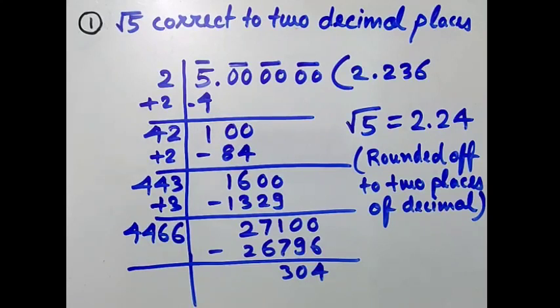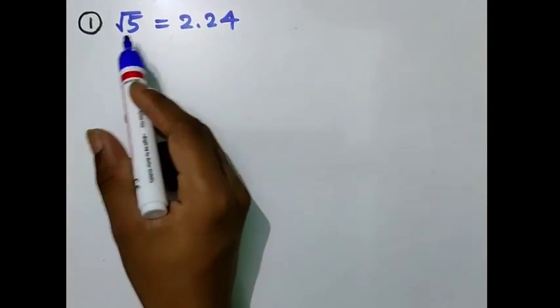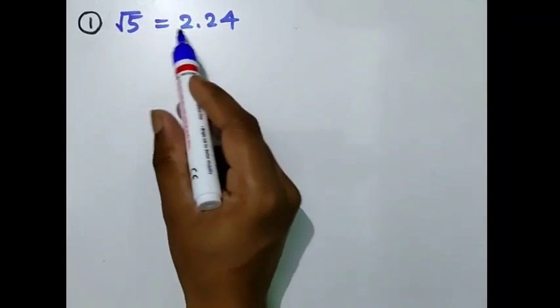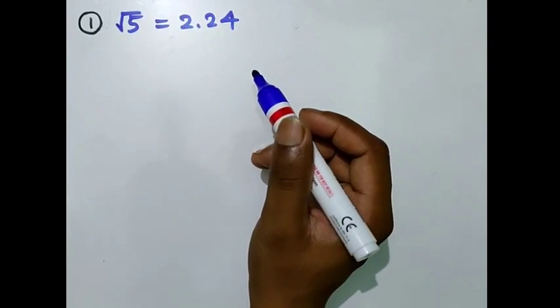Clear? So we have found the square root of 5, that is 2.24, rounded off to 2 places of decimal.